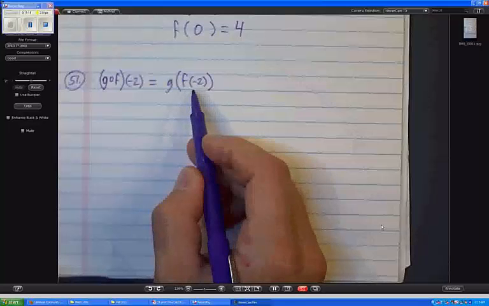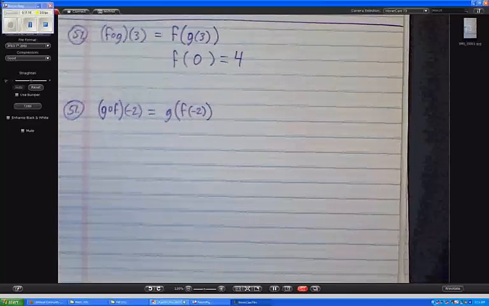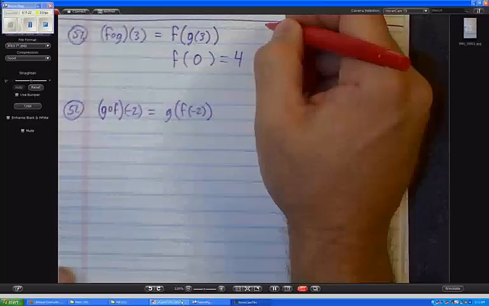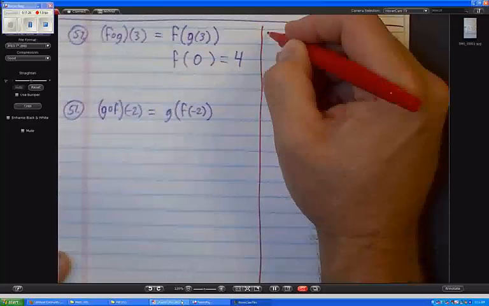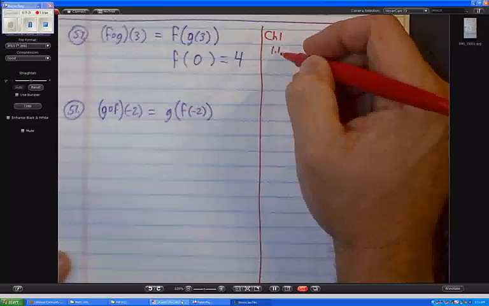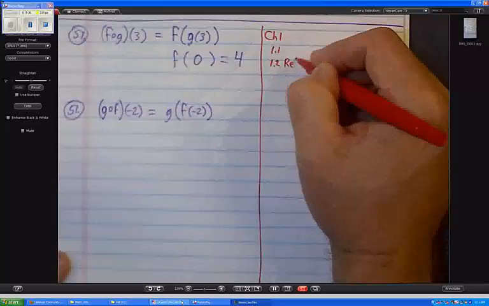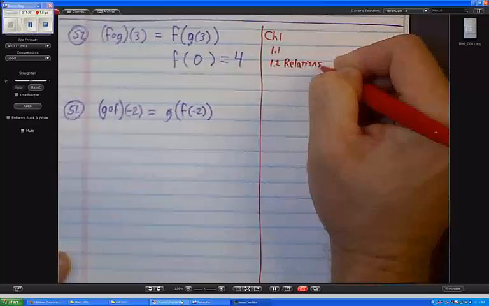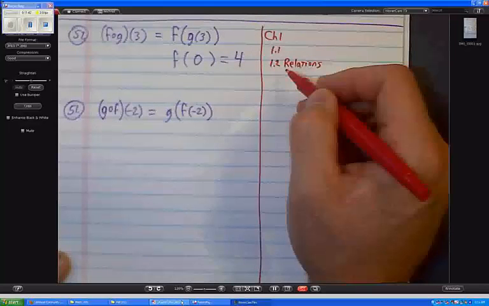I need to understand what the book means when they list these ordered pairs. Remember, I want to go through what we've done in this class. The first thing we did in Chapter 1, Section 1.1, I don't remember, but I do know that in 1.2, we covered something called relations. What are relations? That was confusing.